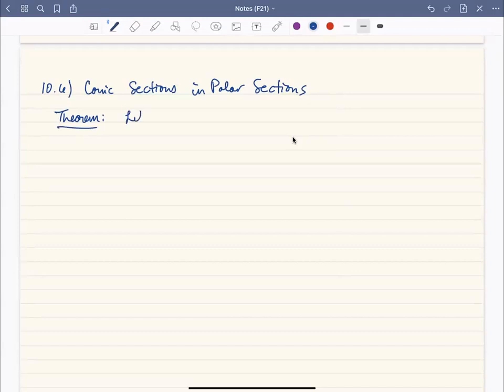I'm going to let F be a point called the focus. I'm going to let L be a line called the directrix.